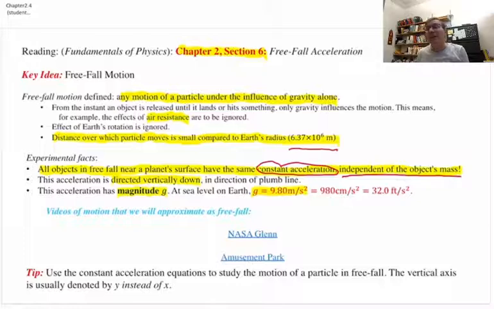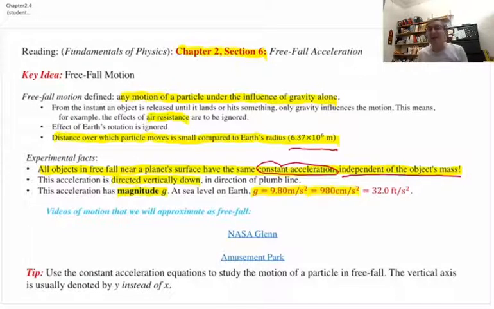Now it does vary around the surface of the Earth, and it varies with altitude. But for problems that we do, unless a problem specifically says otherwise, we will take the magnitude of the free fall acceleration, the little g value, to be 9.80 meters per second squared. Of course, we could change the units. We could change the units of little g to centimeters per second squared.